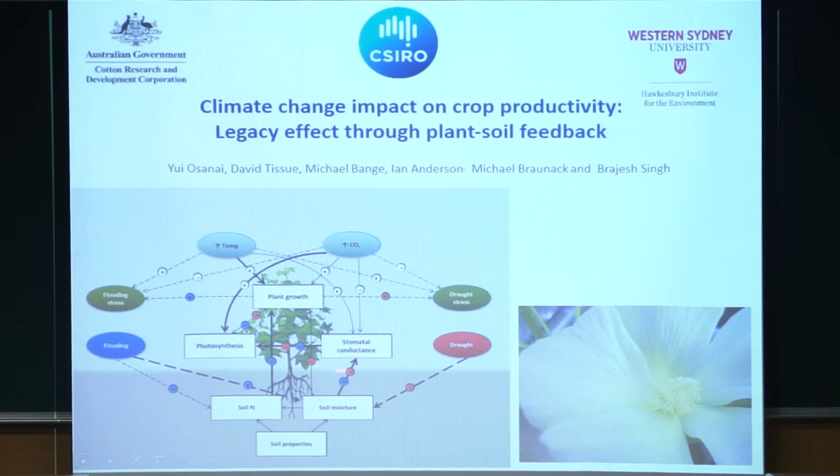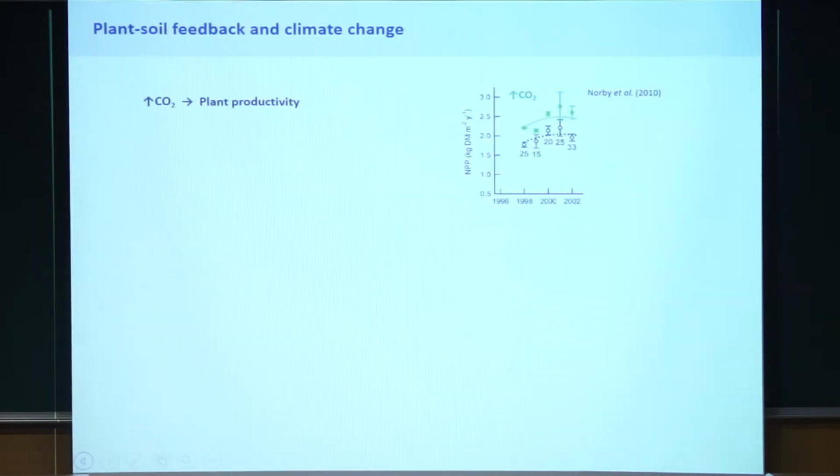And of course, they affect these processes of photosynthesis and conductance and their linkages between what's happening below ground and what's happening above ground. And that's on any given day. Then the question becomes, what are the long-term effects that might be occurring over months or years? And that was our interest.